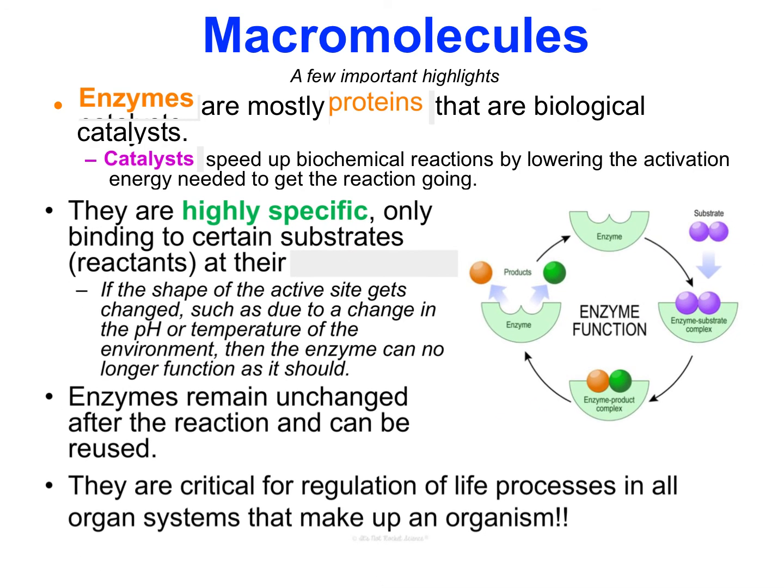These enzymes are highly specific, meaning that they only bind to certain substances or reactants at their active site. And you can see in our little diagram over here that we have our enzyme with our substrate joining together at our active site here.